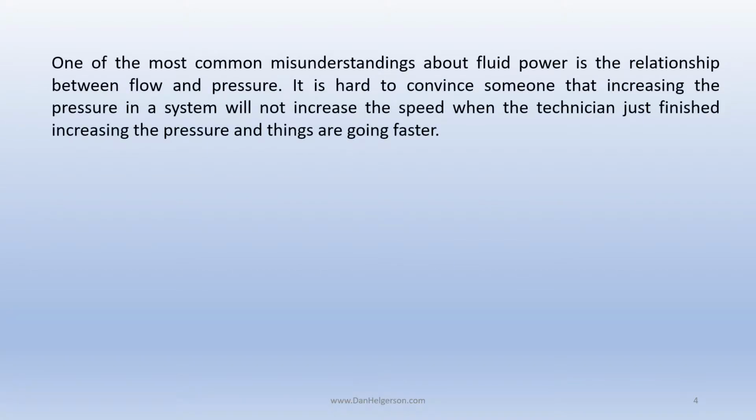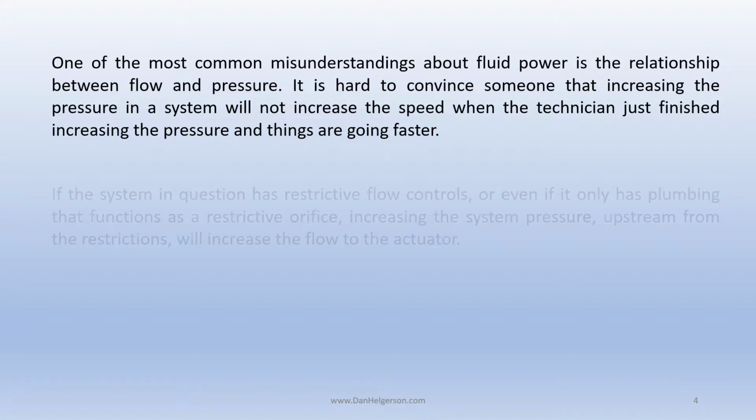One of the most common misunderstandings about fluid power is the relationship between flow and pressure. It is hard to convince someone that increasing the pressure in a system will not increase the speed when the technician just finished increasing the pressure and things are going faster.